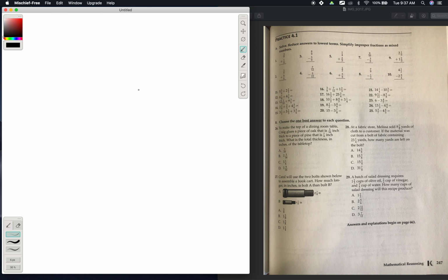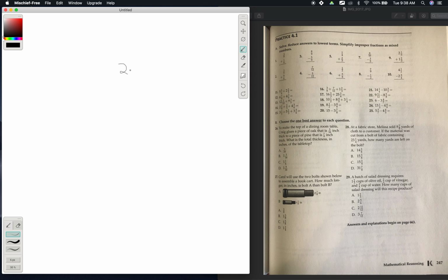So 28. At a fabric store, Melissa sold 8 7/8 yards of cloth to a customer. If the material was cut from a bolt of fabric containing 23 1/4 yards, how many yards are left on the bolt? Okay, so again, we have to subtract because we're trying to find the difference.